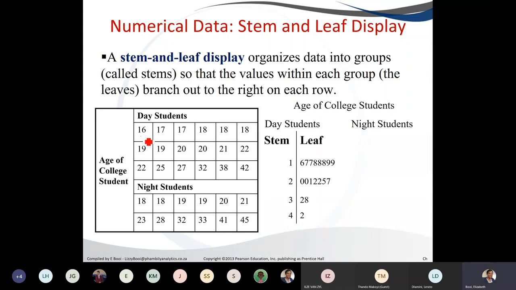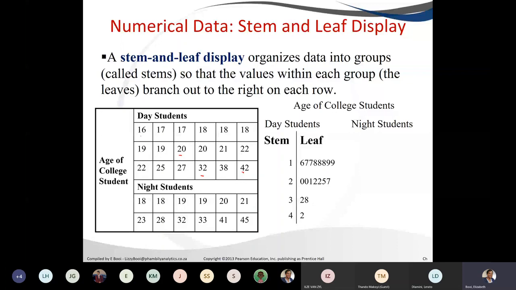So we know that the first digits are 1, 2, 3 and 4, and we can put them there. And then now we're going to put all the leaves. Under 1, we put all the values, even when the value repeats itself. Even if it repeats itself 10 times, you're going to put it there 10 times. So let's say, for example, the 18, 18, 18. We're going to put all three 18s.